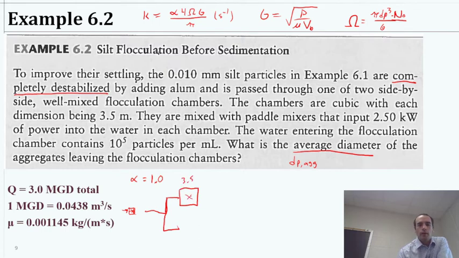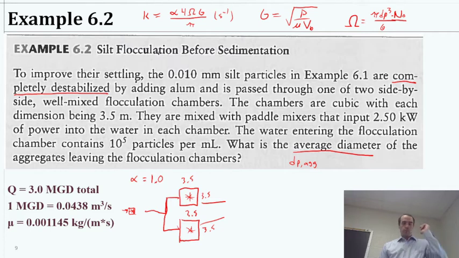We have slower mixing happening in here. And then the water will be coming out of these and going about its way. Okay, so then we know something about the initial particle size, and we are wondering about the size of the particles leaving.